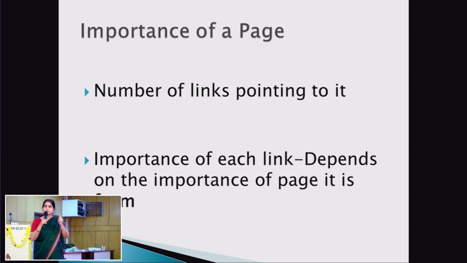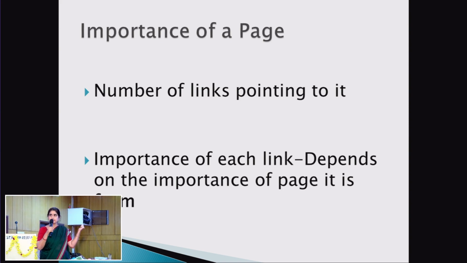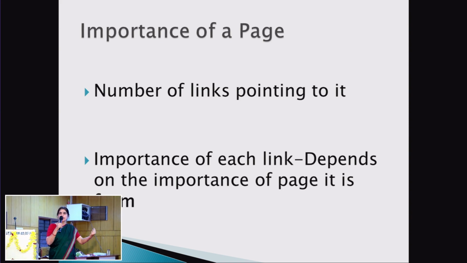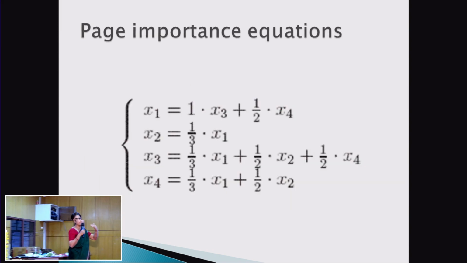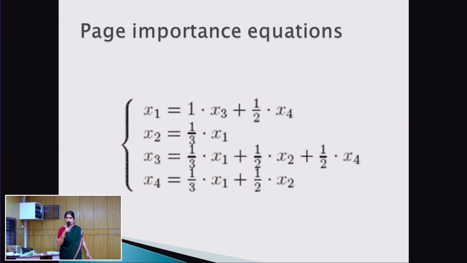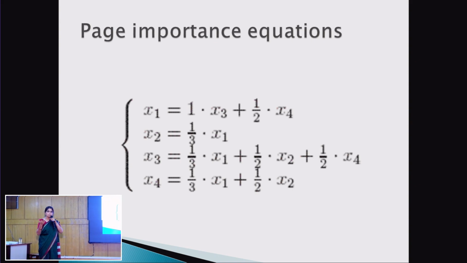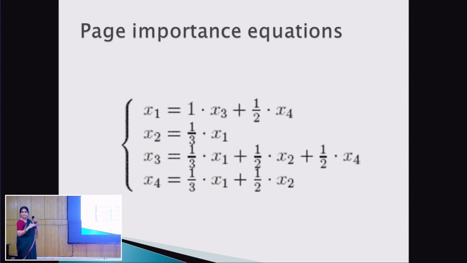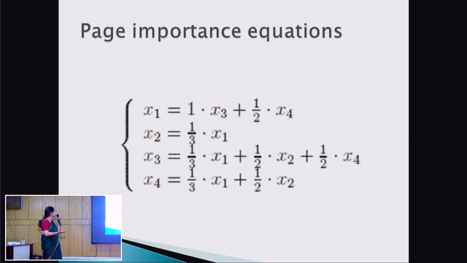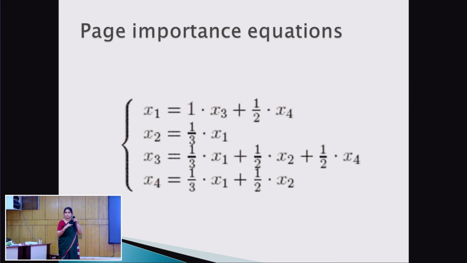Now, there was a hyperlink from 3 and from 4. I'll explain the first equation, the remaining I'm sure we can all deduce. There was a hyperlink from 3 to 1. There was a hyperlink from 4 to 1, right?